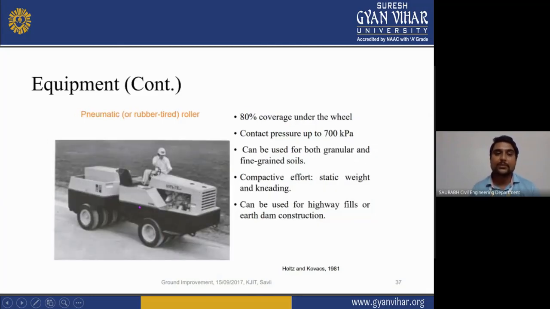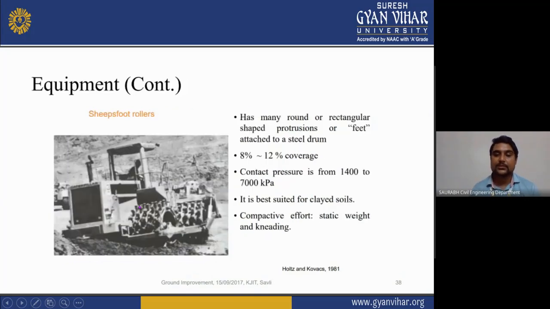And this is your pneumatic rubber tired roller, which is also used for the improvement of the ground. It can be used for both granular and fine grained soil. Compaction effect may be by the static weight, and it can be used for highway fill or earth dam construction.